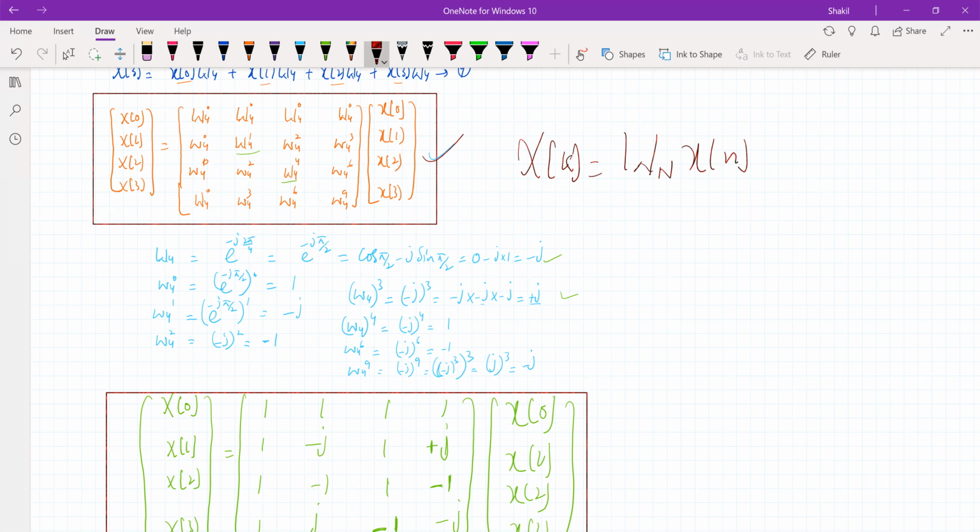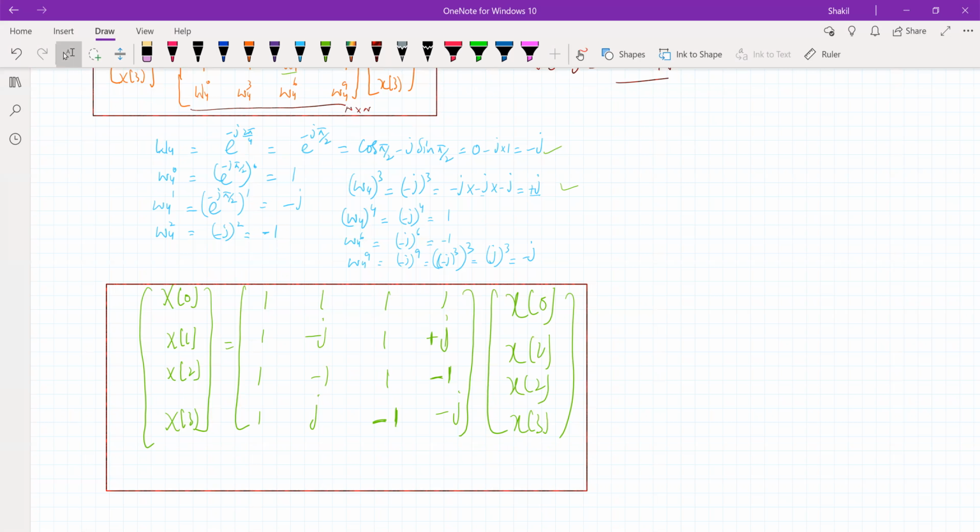What is this W_N? W_N stands for this array, and this can give you any N-point DFT, where the matrix will be an N cross N matrix.